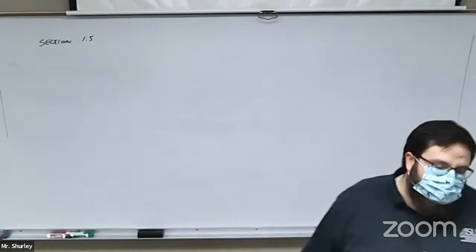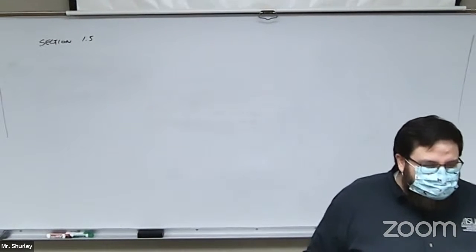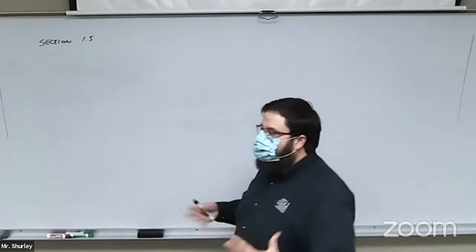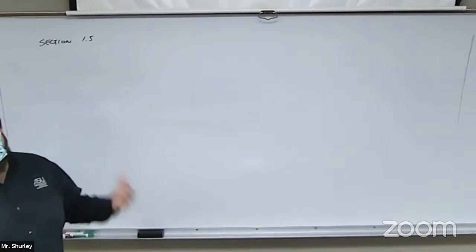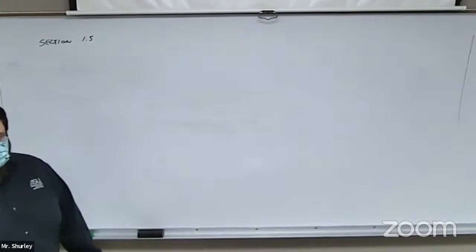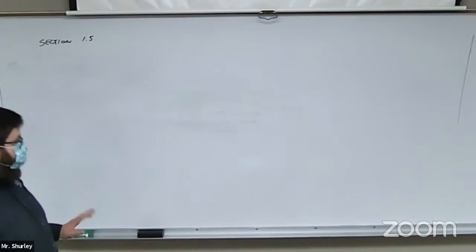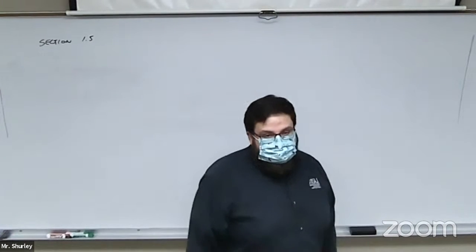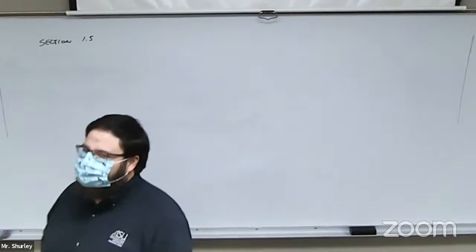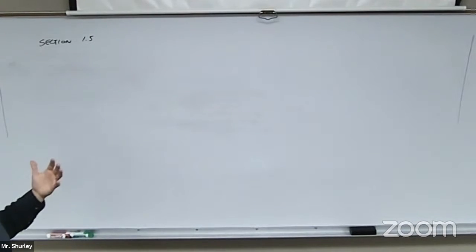Hopefully this is a bit of a review. I treat it like you've seen it already, but if you need a more in-depth review, let me know and I can find some other videos I've made, or other material. We're going to utilize solving quadratics a lot in this class. In a few chapters, it'll really be the easy part, which is nice.